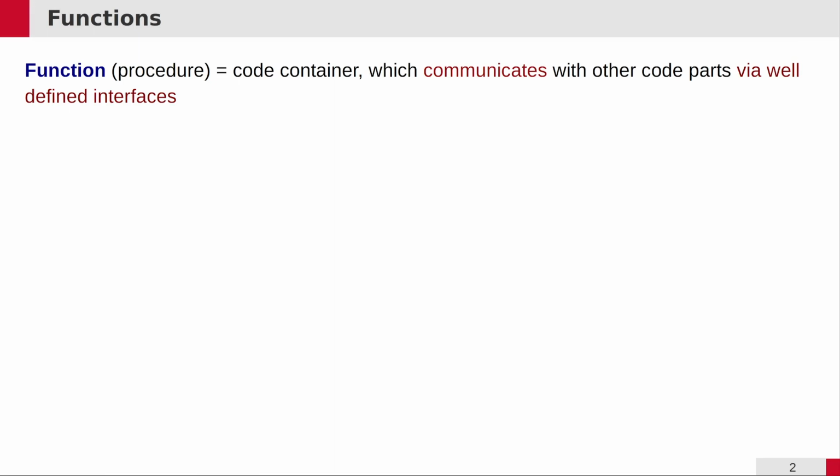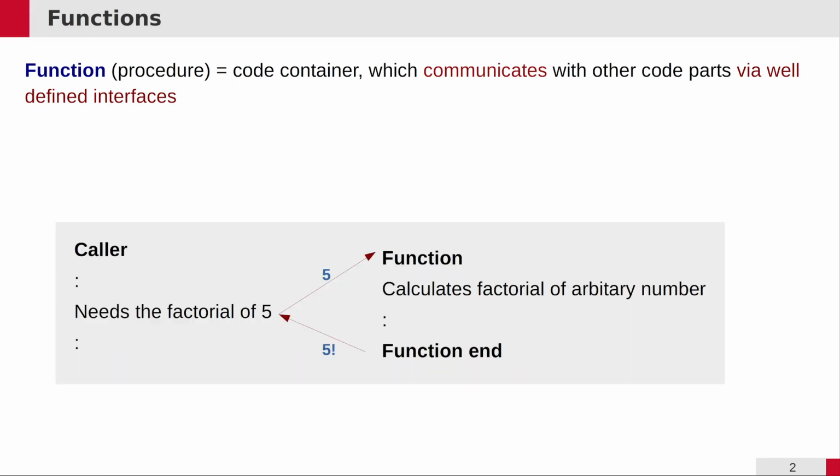Functions are basically code containers which communicate with the other code parts via a well-defined interface. The example we had on that slide is that if I have code which at some point needs to calculate the factorial of 5, it can call a certain function and pass the number 5 to this function. This function can do whatever it wants inside, but at the end it should return the factorial of 5.